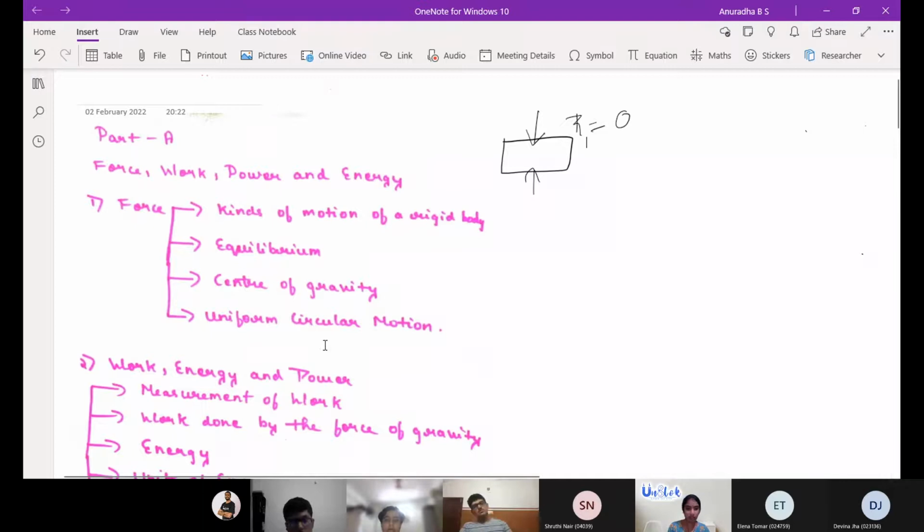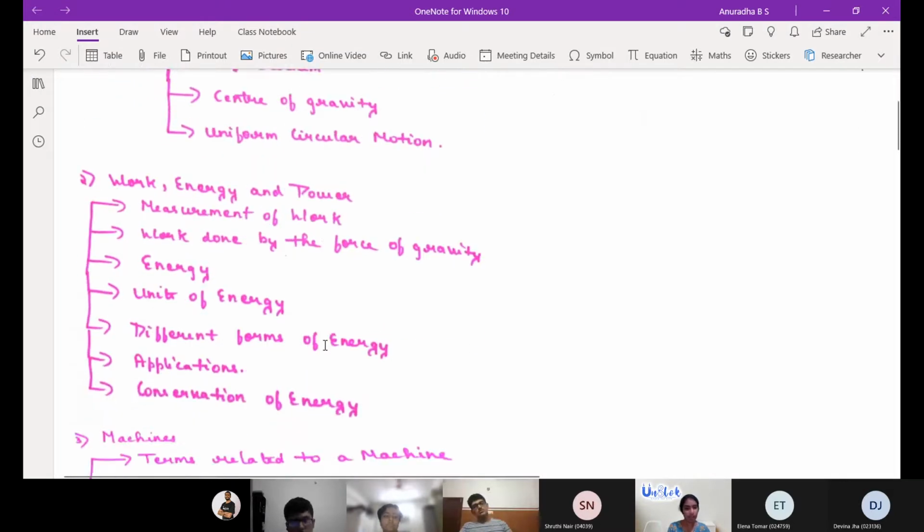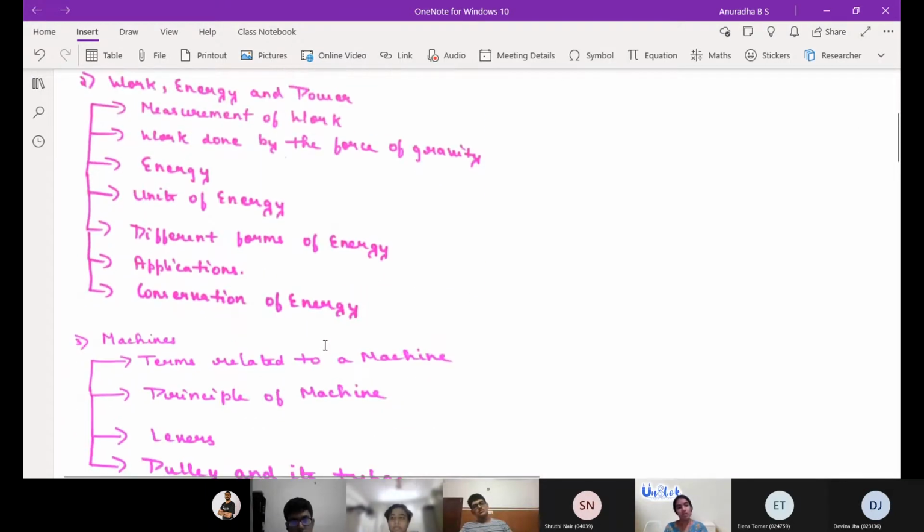So the second unit under part A is work, energy, and power. So what is work? Whenever I do some work, in physics it is different. Whenever I take a body and place it on the other side, then work is done. So how is this work measured? You had learned about gravitation or the free fall of a body, right? Yes, ma'am.